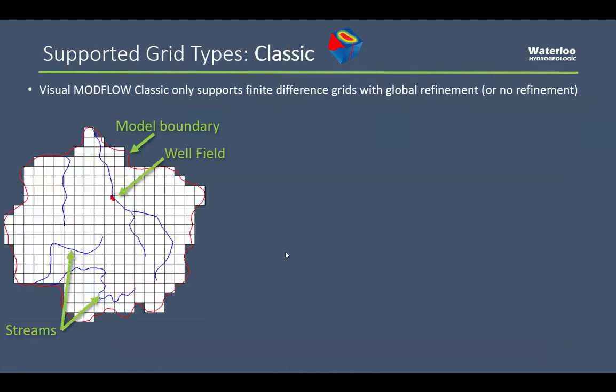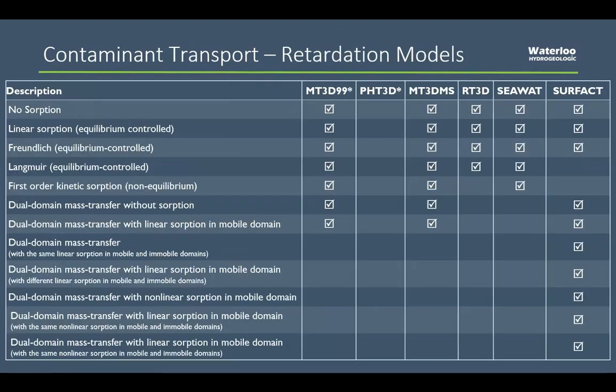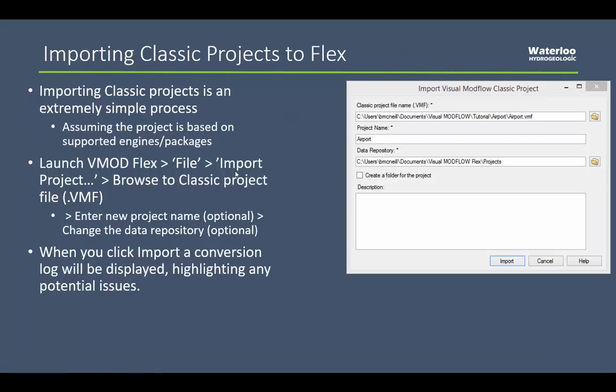If you ever want to import a classic project into Visual MODFLOW Flex, the first thing you're going to have to do is review your VMOD Classic project, just to ensure that there are no unsupported components within that project, or rather no packages or engines used in the project which aren't supported in Visual MODFLOW Flex.